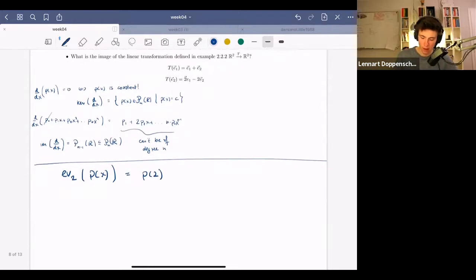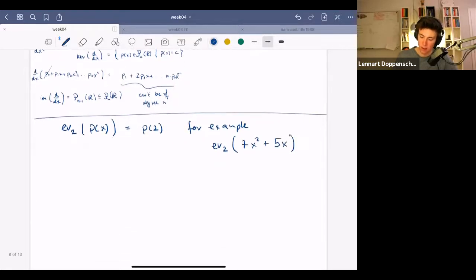For example, if you have the evaluation at 2 applied to 7x^2 + 5x, then you just substitute 2 for x.